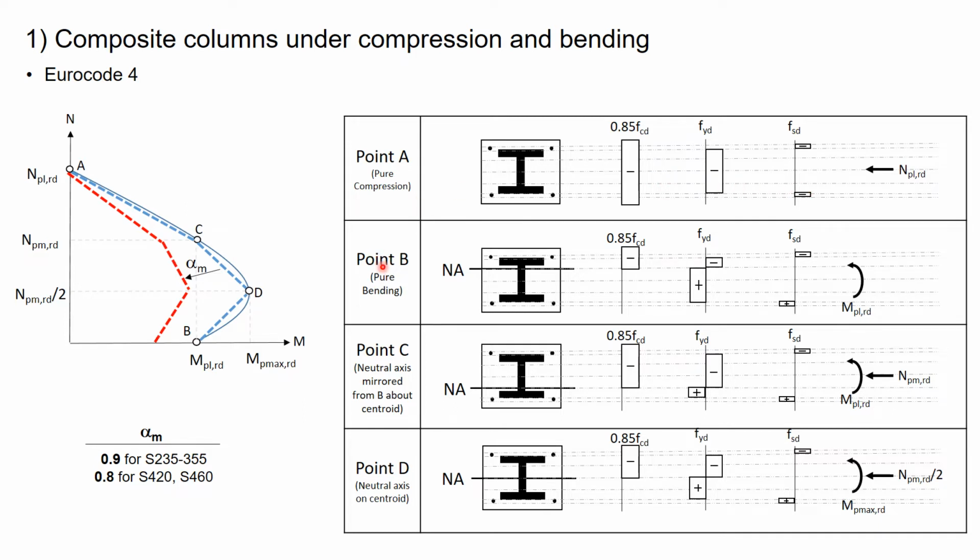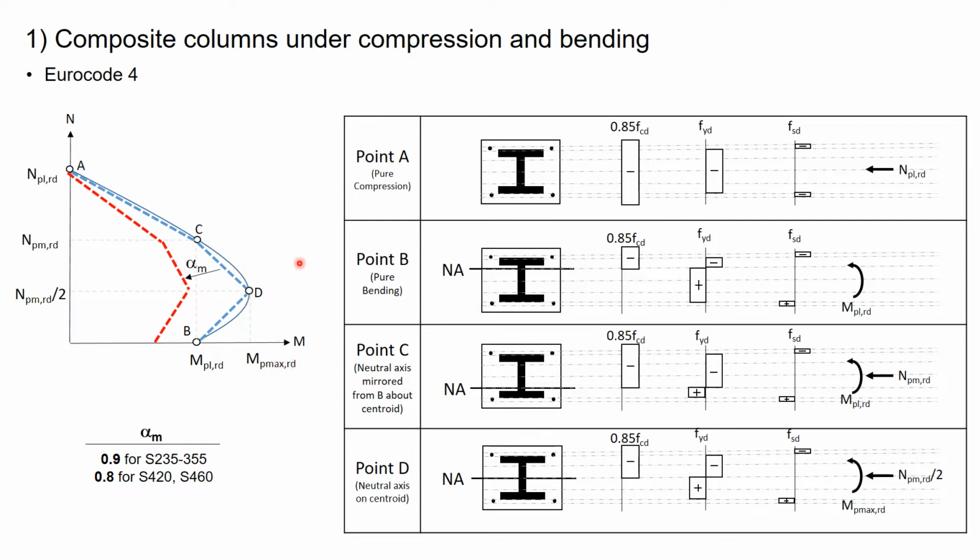Point B, shown here, is pure bending, and there will be no axial force on the section. The section will fail only due to bending. Point D is the point at which the neutral axis is on the centroid, as shown here with the stress distribution. And point C is the neutral axis mirrored from B about the centroid. So only finding these 4 points will allow us to create our interaction diagram according to Eurocode 4.